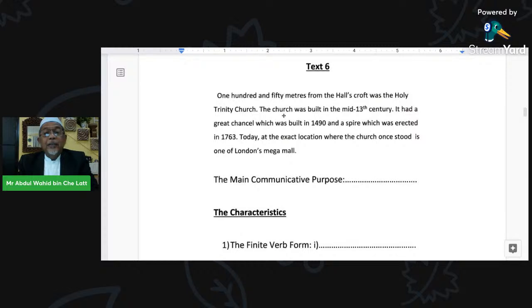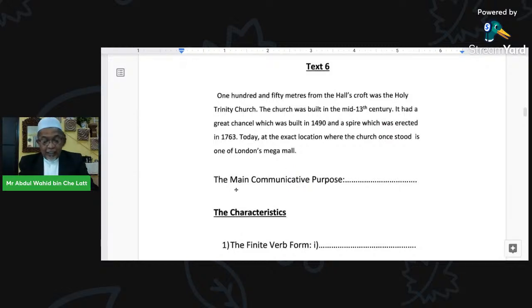The church was built in the mid-13th century. It had a great chancel, which was built in 1490, and a spire which was erected in 1763. Today, at the exact location where the church once stood, is one of London's mega malls.